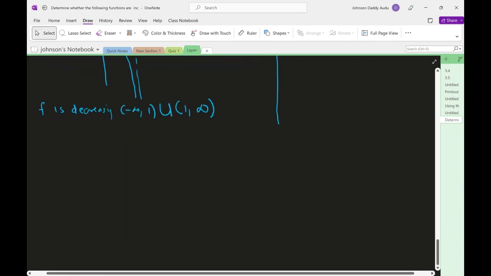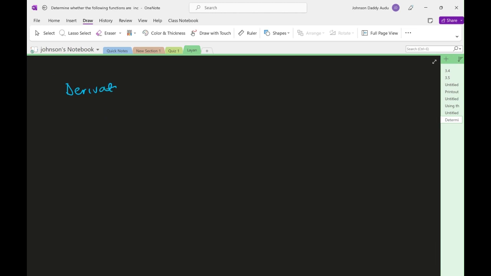So for this type, don't even bother to use the second method, but you can use the third method, which is the derivative method, the first derivative. So what do you do? You differentiate. What is the function?